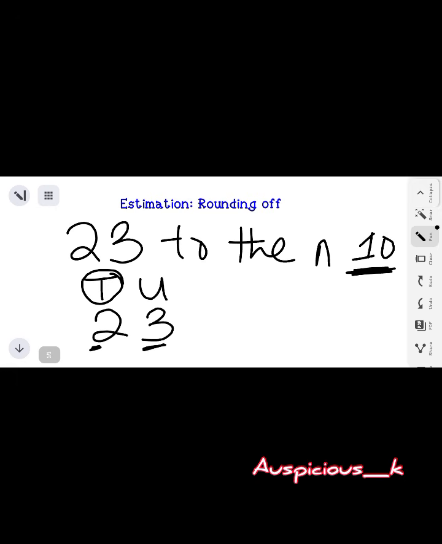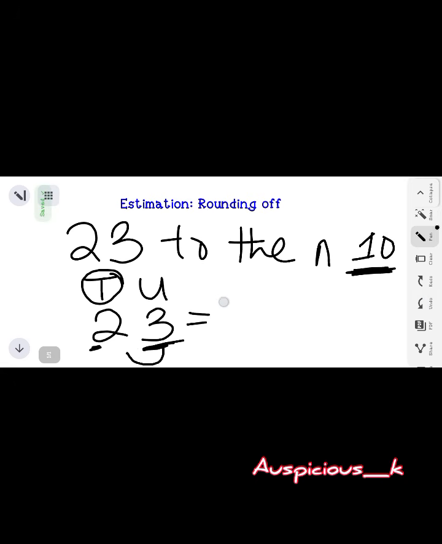And remember, in our story, number 3 cannot go to the party because he did not come dressed in his party wear. So what do we do? We turn number 3 to 0 and add it to number 2. So if we turn number 3 to 0 and add to 2, we are going to have 2 plus 0, and that will give us number 2.